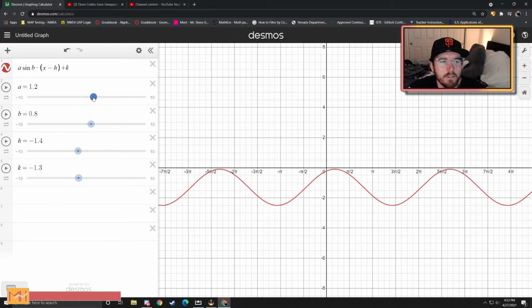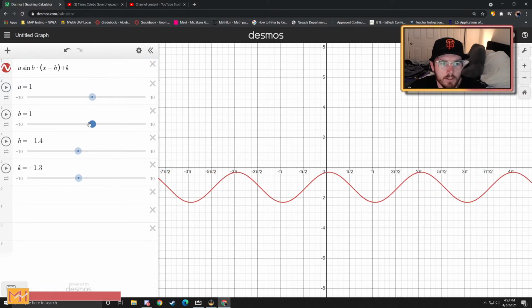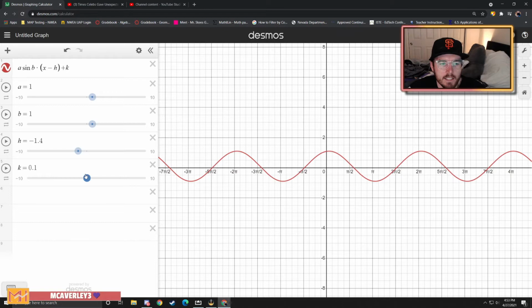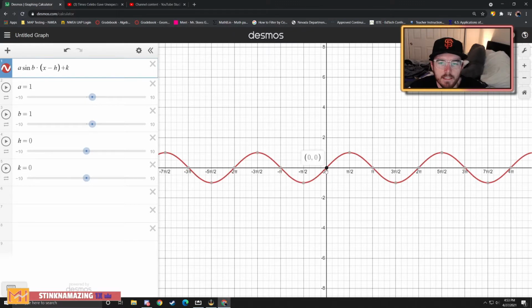So let's put everything at 1. So there's no change in amplitude. And b is 1. There's no change in period. And we're not even going to move up or down. So k is 0. We're only going to look at this h value. We know that sine naturally starts at 0 and continues on its merry way.